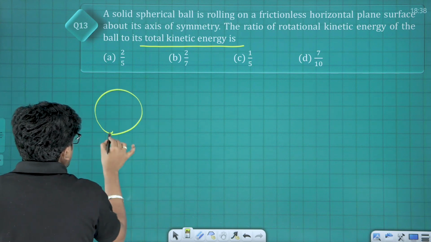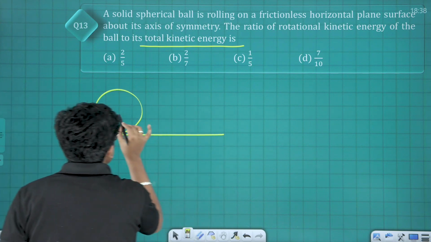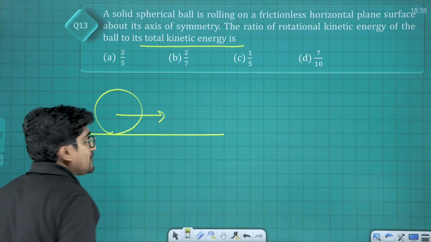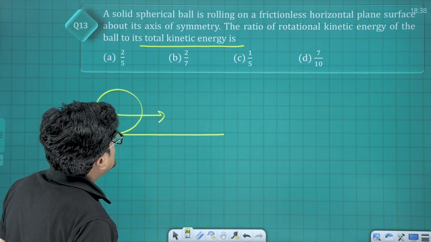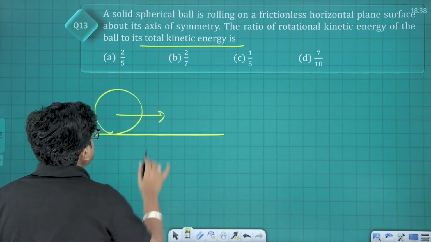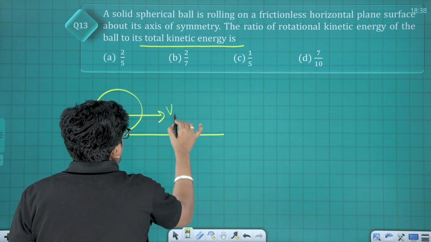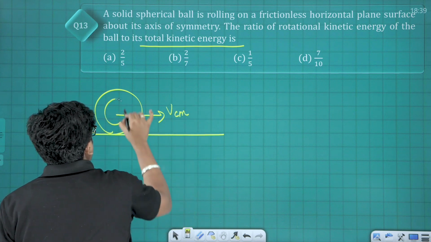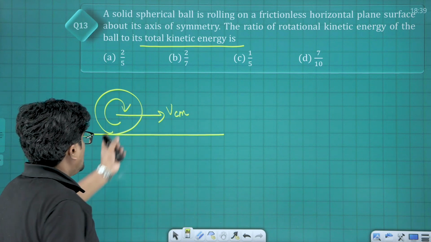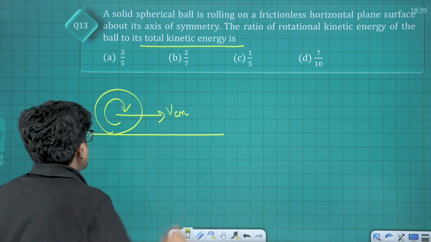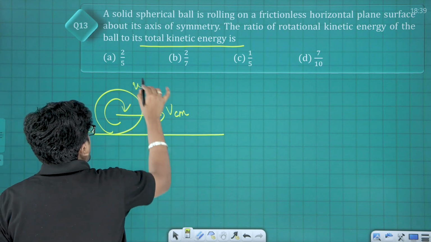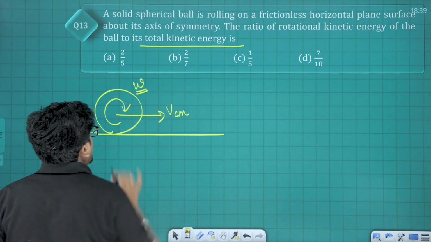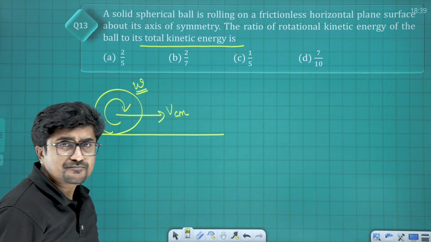Now here this is the condition. VCM is the velocity of center of mass, and here this is rotating with the speed of omega radian per second.